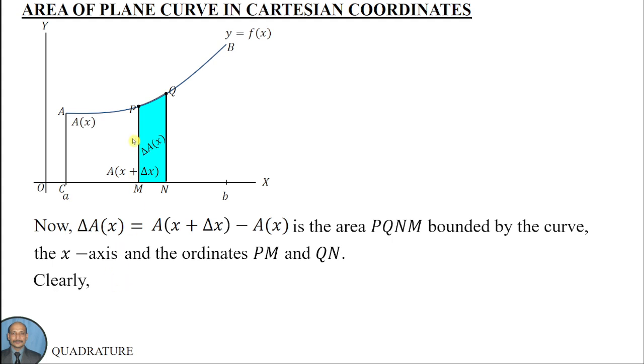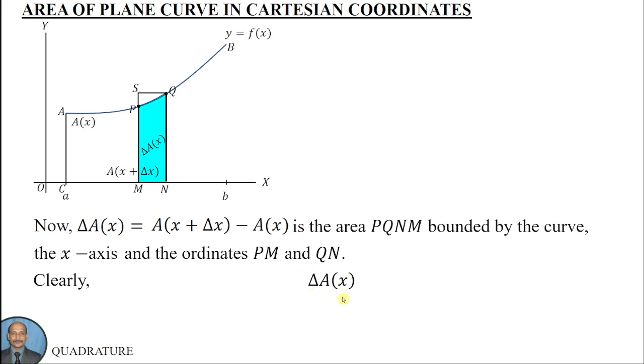Clearly, we can see that the area PQNM, which is delta A(x), is less than the area of the outer rectangle SQNM. This area is included in this external rectangle.